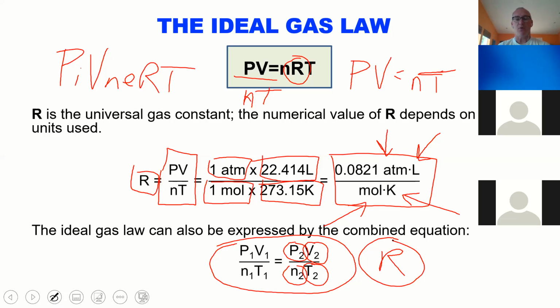If my number of moles goes up, I can calculate everything else that takes place just by remembering this particular expression right here. And if you ever wonder where that expression comes from, just remember R is a constant. And so PV divided by NT is what you're trying to calculate to get back to the constant R. Any questions about how we get the universal gas constant calculated?